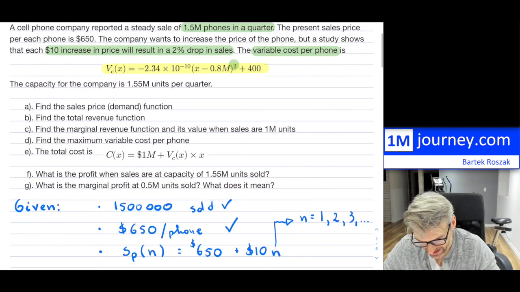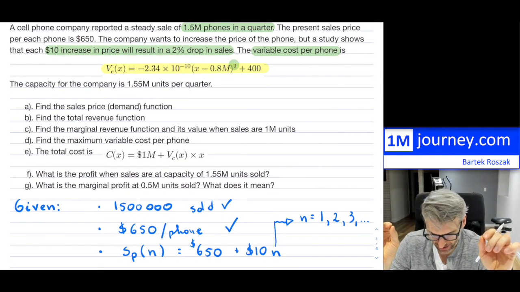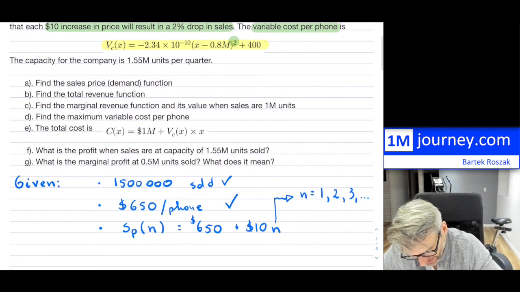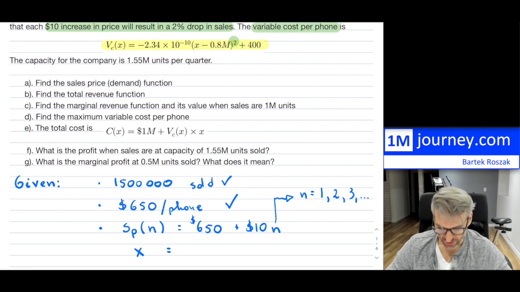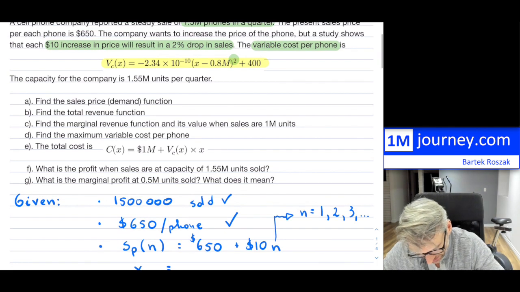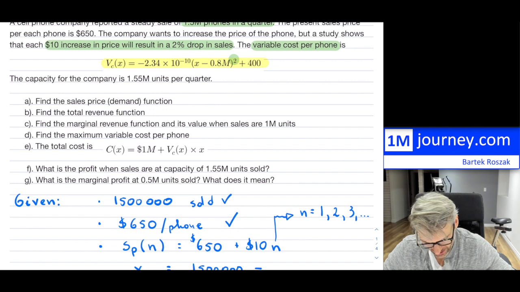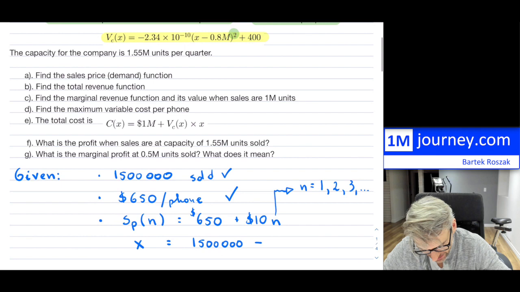It says that the increases in price cause a 2% drop in sales. So that means that my X, the number of items sold, is currently 1.5 million. Now it's going to have a decrease of 2% of this.